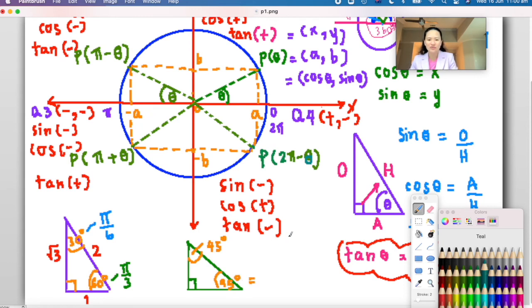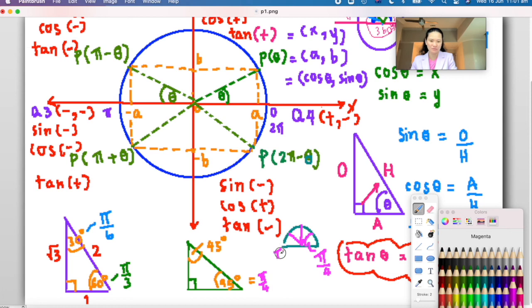I'm going to draw half of the circle super quick here. You know that half of it is 90 and another half is 45. So 45 equals pi divided by 4.